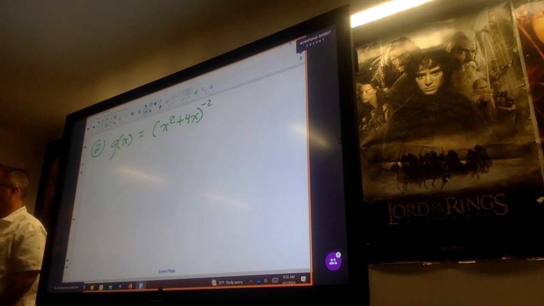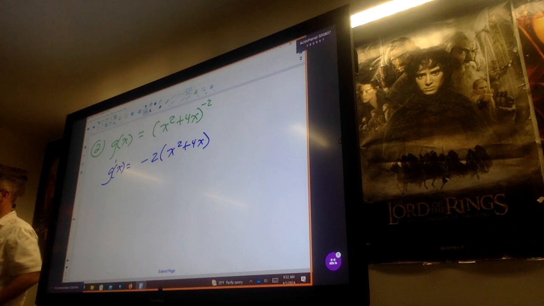So do the derivative of the outside first, so that's going to become g prime of x is going to be negative 2 times x squared plus 4x, so times what's inside. Subtract 1 from that exponent, so negative 2 minus 1 is negative 3. And then times the derivative of the inside, which is going to give you 2x plus 4.